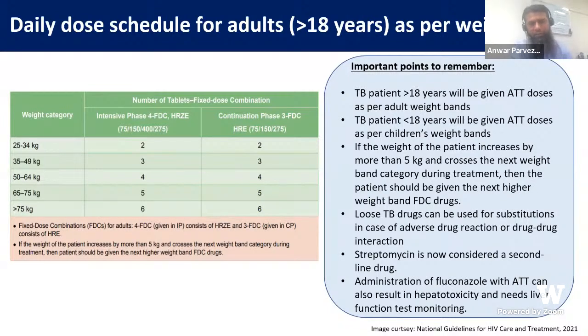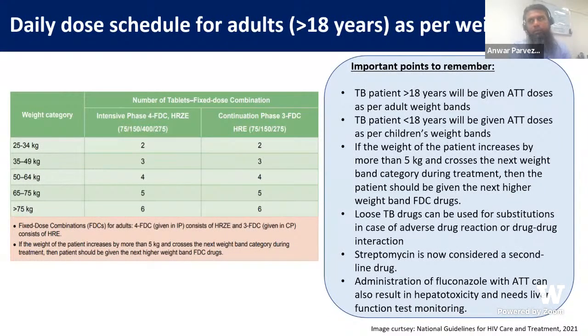This is at the baseline; this is how we start the treatment. But during the treatment, if weight increases to more than 5 kgs and the weight band changes, then we need to change the number of tablets given to the patients.